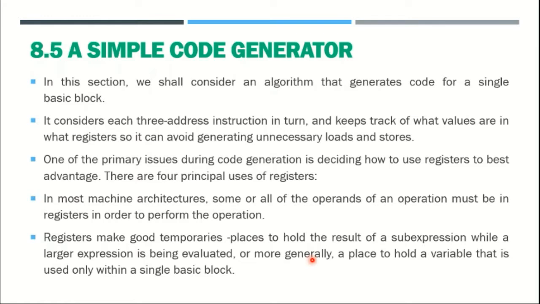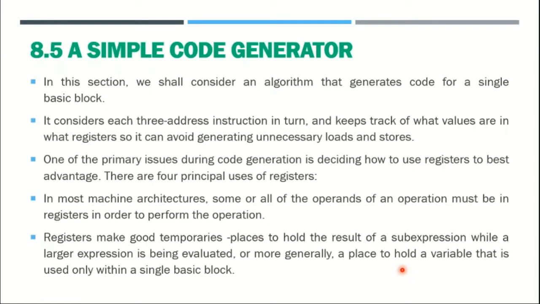The result of any expression can have some sub expressions. While a larger expression is being evaluated, it may or may not have sub expressions. In case it has sub expressions, we need a place to hold such variables that are used only within a single basic block.